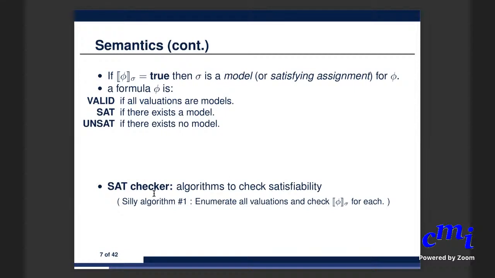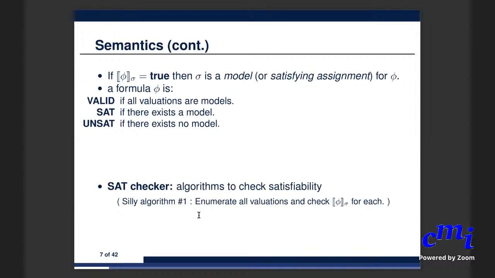Now, since it's a propositional formula, there is already an algorithm that you probably would have guessed. Our formulas are finite, which means that although we start with a possibly infinite set of propositional variables, the formulas constructed from them are finite. So there is a simple algorithm.